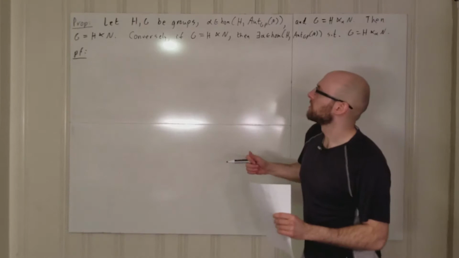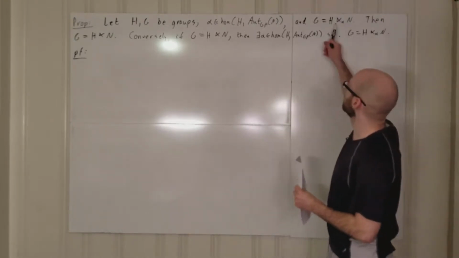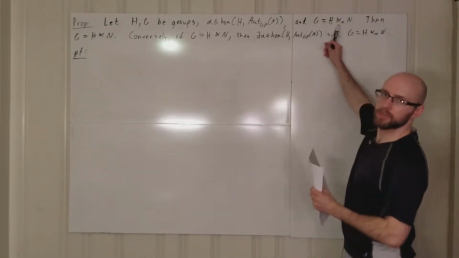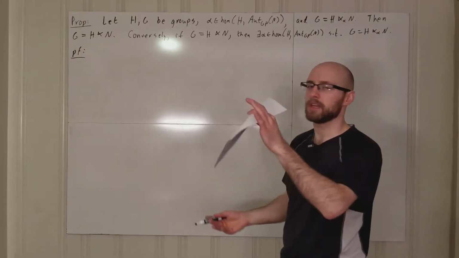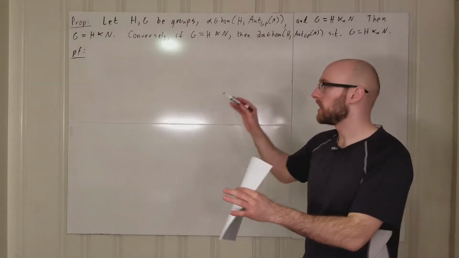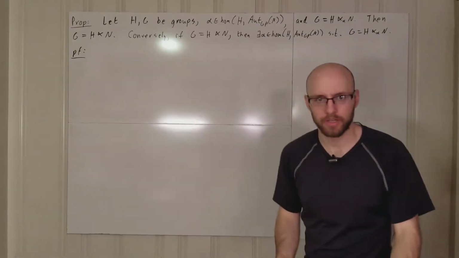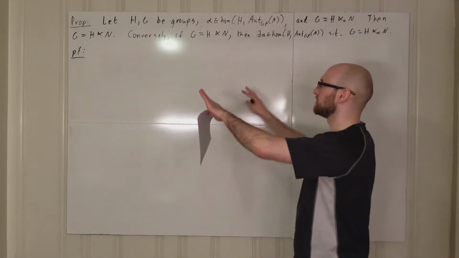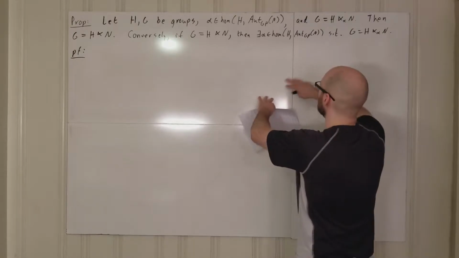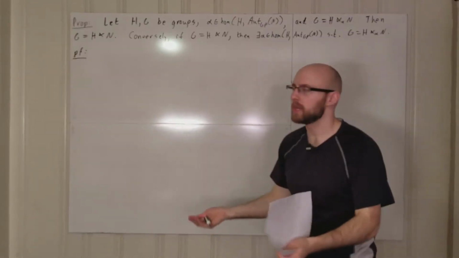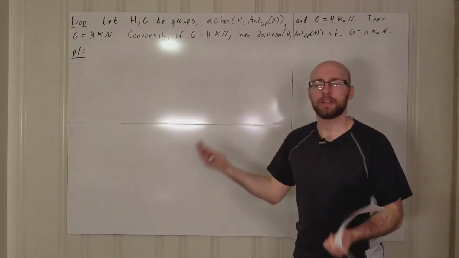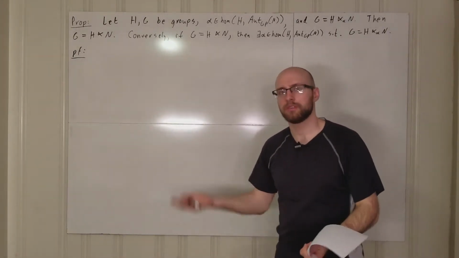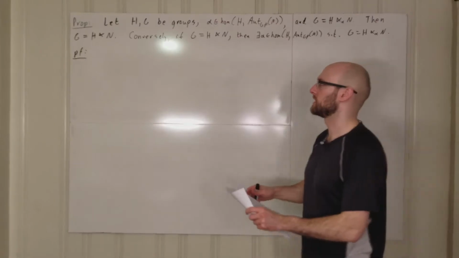Actually, no, they don't, because when we have the semidirect product with an alpha, the underlying set looks like H cross N, the set direct product, where you've got ordered pairs with one element in H, one element in N, and then the composition law is that thing that we talked about last video.